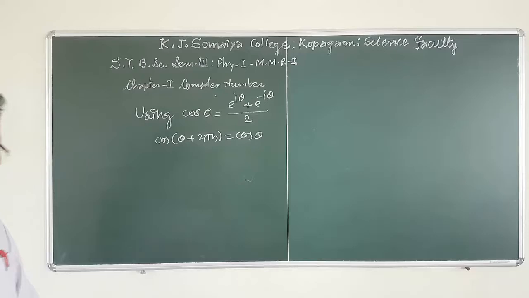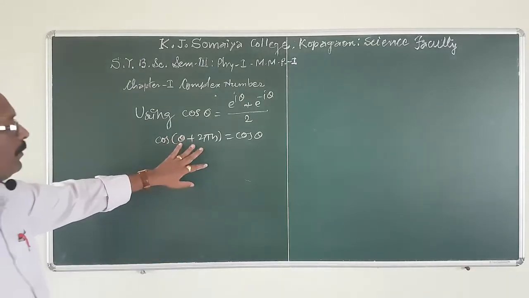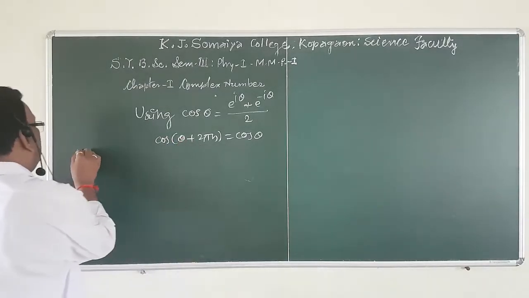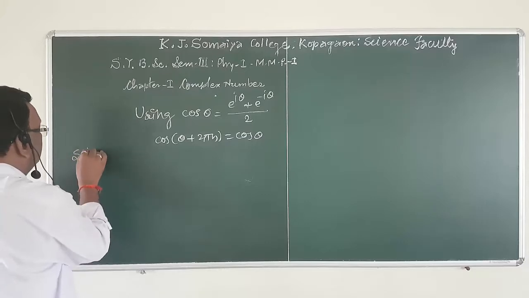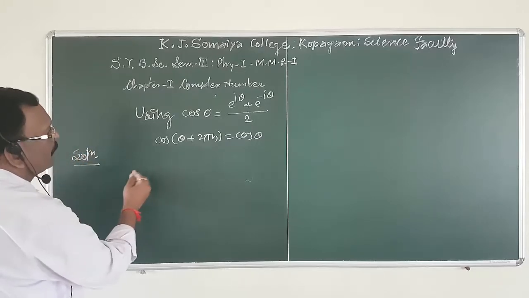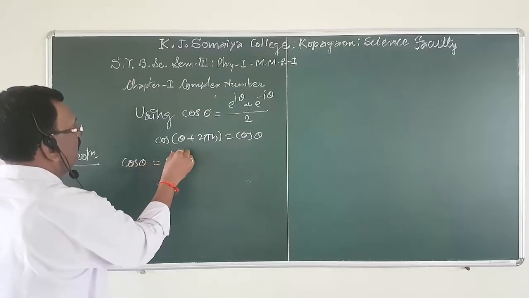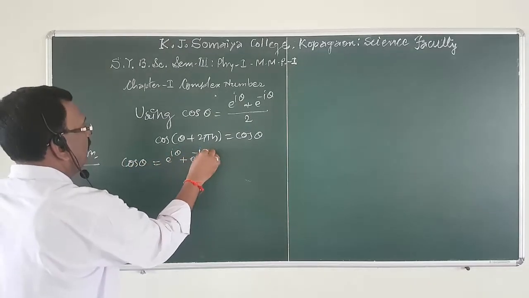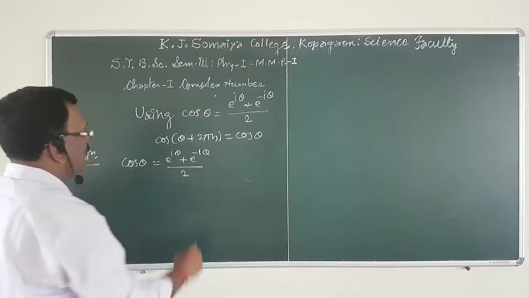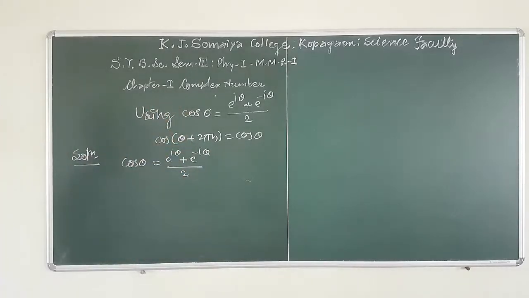Now, in order to solve this problem, we have a solution. Cos theta is equal to e raised to i theta plus e raised to minus i theta upon 2. This is given in our problem.